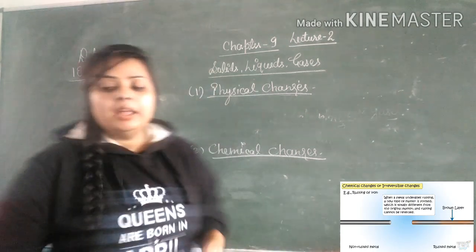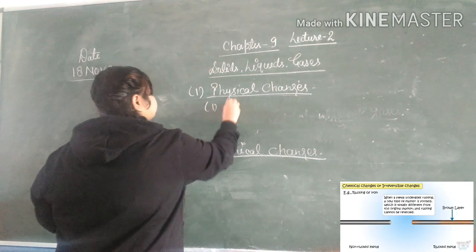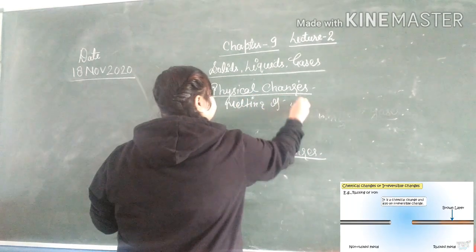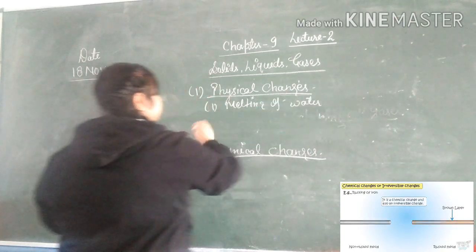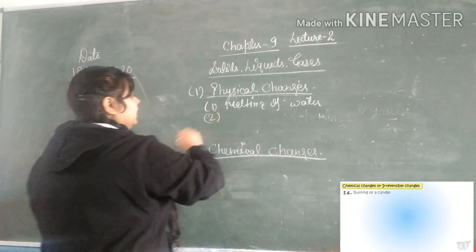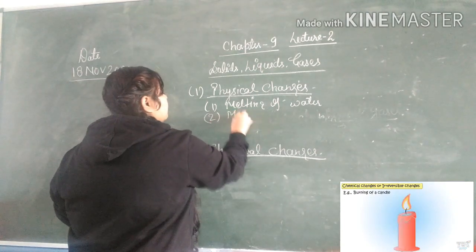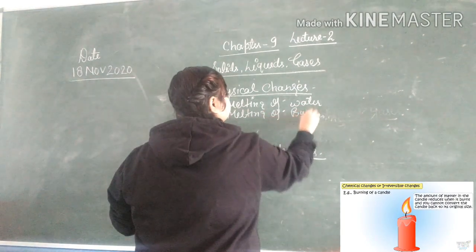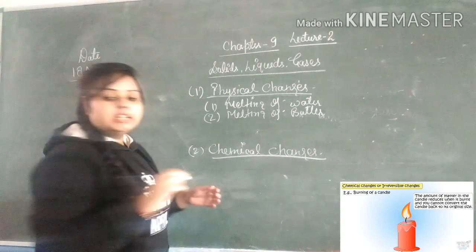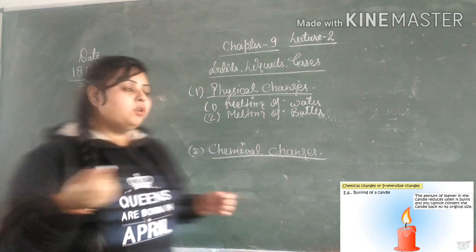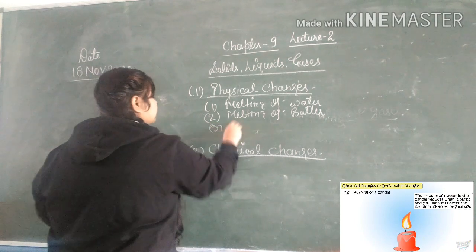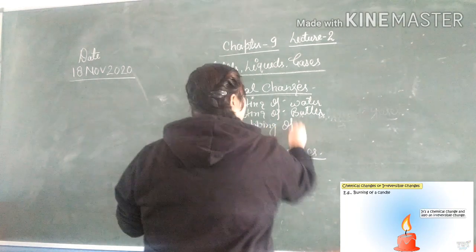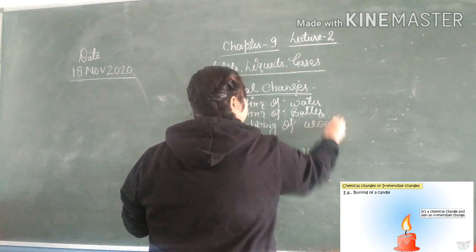For example, melting of water is a physical change, melting of butter is also a physical change, and chopping of wood is also a physical change.